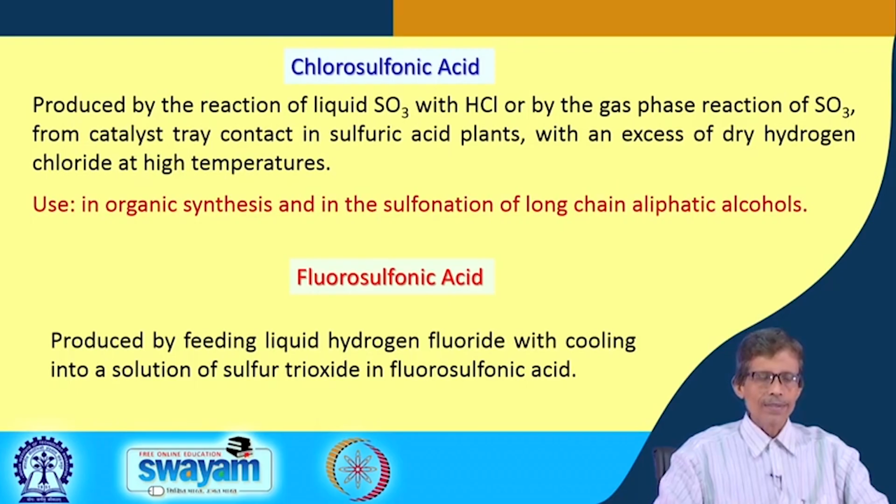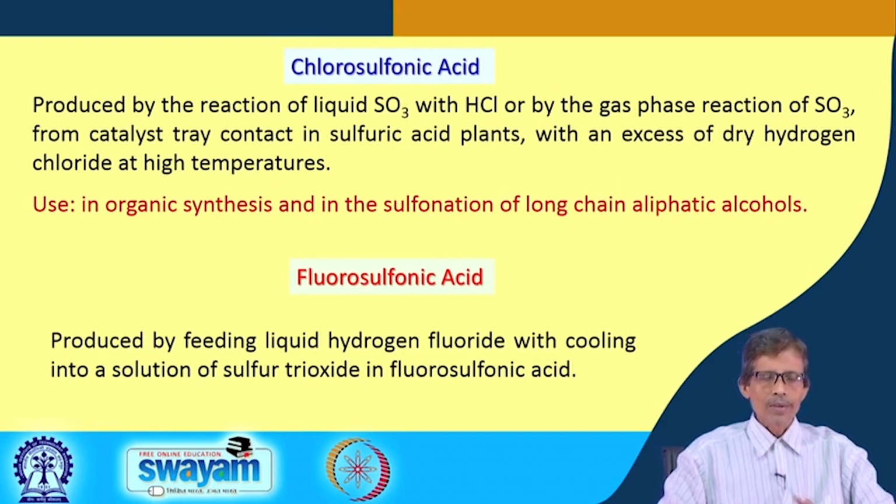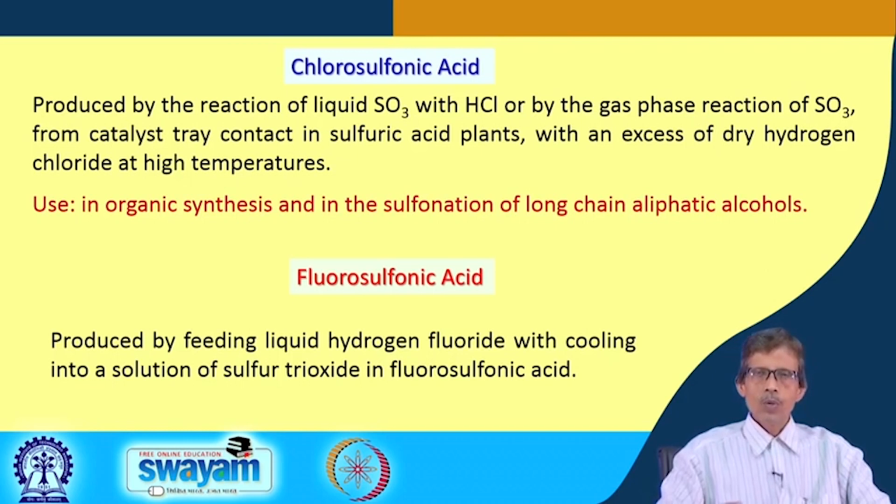Now, hydrofluoric acid is introduced with cooling into a solution of sulfur trioxide in some amount of fluorosulfonic acid. So, what do we do? We take sulfur trioxide dissolved in already available fluorosulfonic acid for producing more fluorosulfonic acid, such that we react basically that sulfur trioxide.